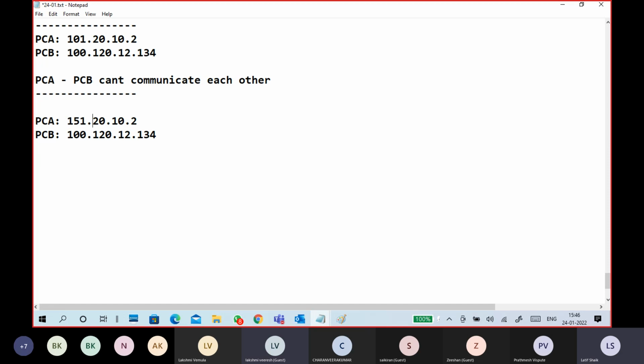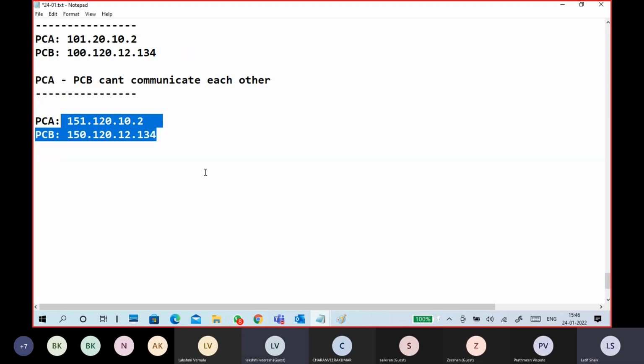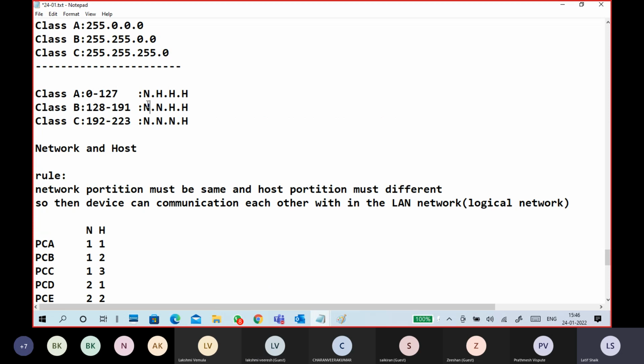151.120 and 150.120. So 150 means class B. Class B means the first two are the network portion, and the next two are the host portions. You have to compulsorily verify the first two.